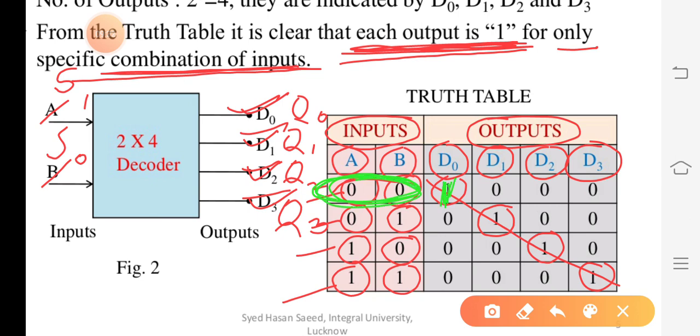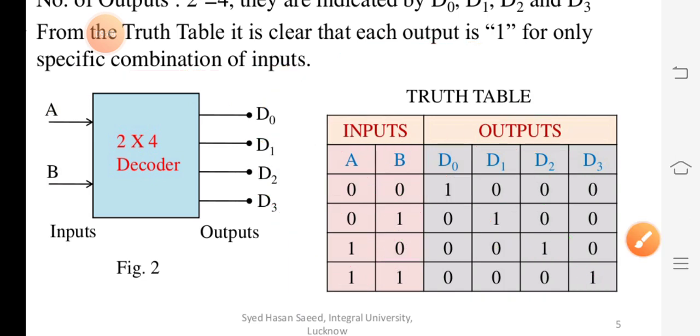That means it will be 1 only and the rest of the entries will be 0. That means only for a specific combination it is 1. Similarly, if I take 1 0 as the input combination, then this will be 1 only, and the rest of the entries will be 0. Now how will it be?